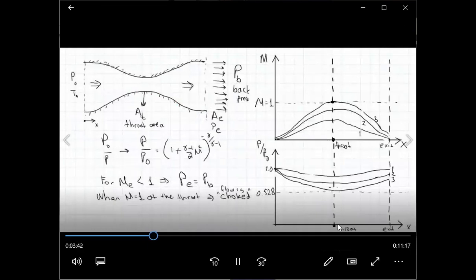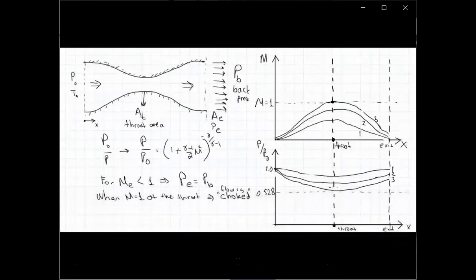Before we go further discussing the Mach number, this also sets a condition on the maximum mass flow rate that can pass through a converging-diverging nozzle. As soon as you reach Mach 1 condition, you have reached the maximum mass flow rate, and you cannot increase the mass flow rate going through this nozzle with a given geometry further.